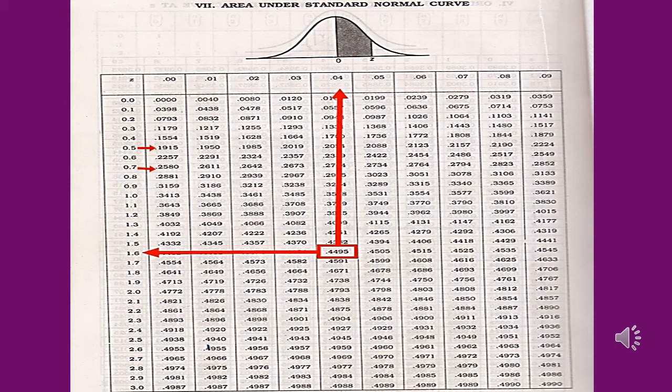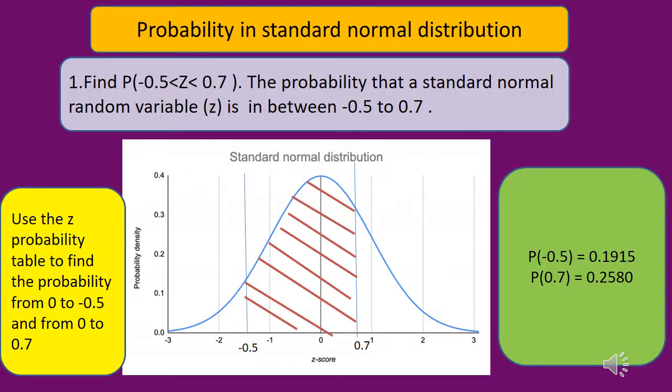Now you can use the Z table. For the 0.5 value, the probability from 0 to 0.5 you can find by using the Z table, that is 0.1915. And also you can find the 0.7 value, which is 0.2580.